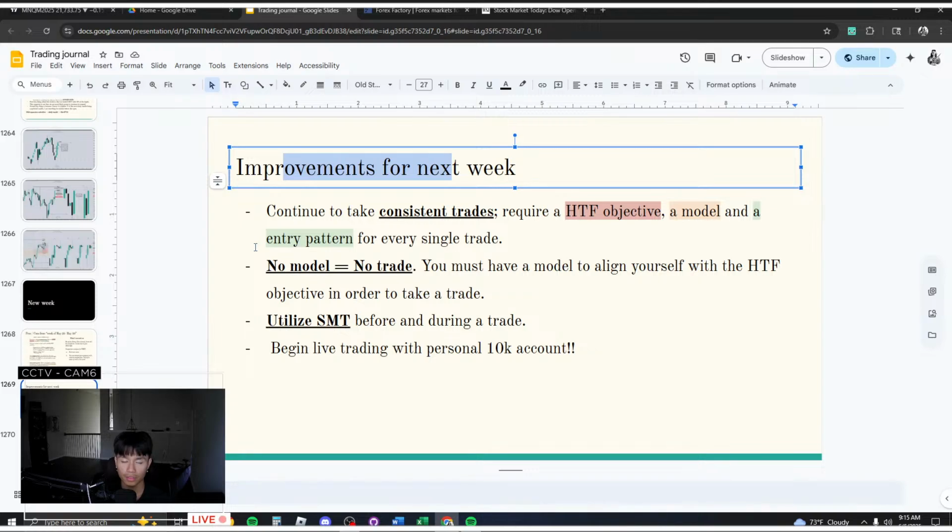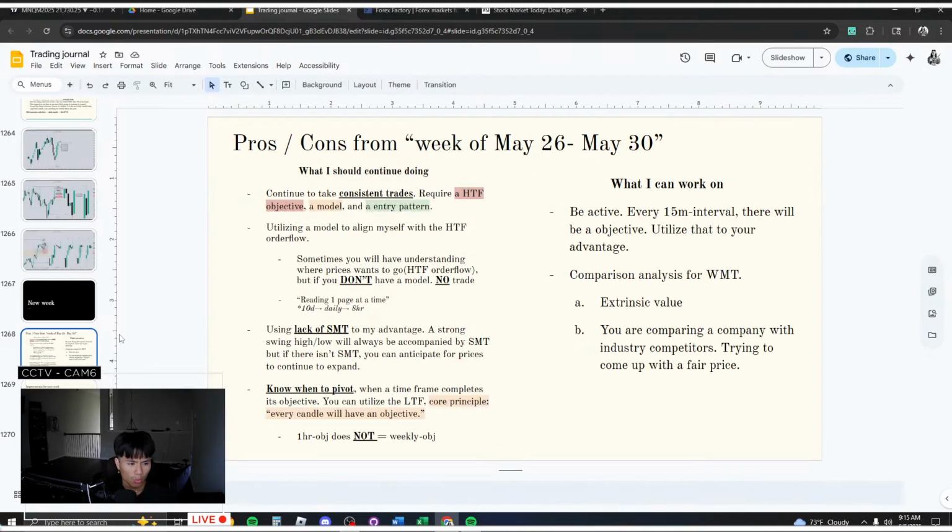I'm more confident in that trade if there is a lack of SMT. And utilizing SMT during a trade means that if ES takes out a high when NQ didn't take out a high during my trade, then I'm going to move my stops to break even, right? Very simple approach. With that, that's going to be all for my pros and cons here for this week.